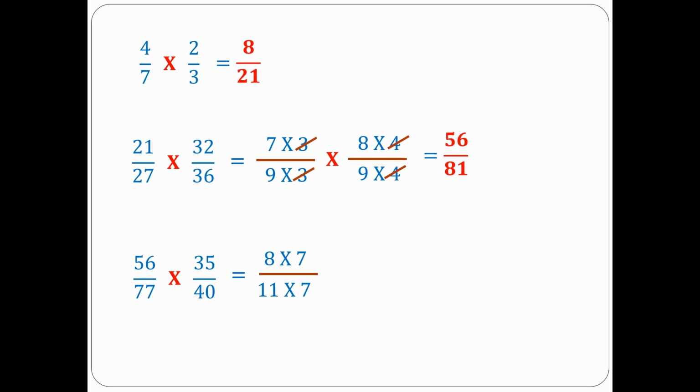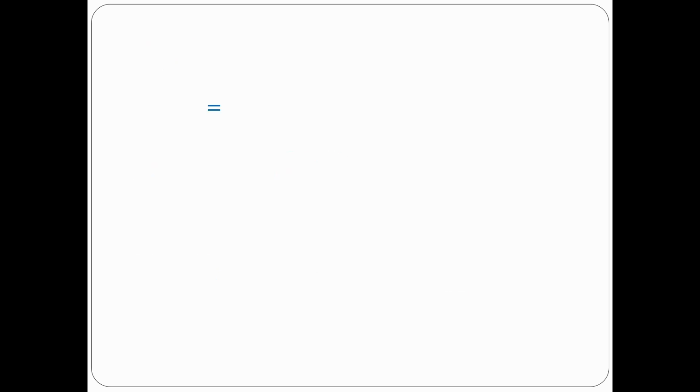Now multiply by 35, which is 7 times 5, and 40 is 8 times 5. So we can cancel 8, we can cancel 7, and we can cancel 5. Leaving the final answer of 7 over 11. Let's move on to dividing fractions.